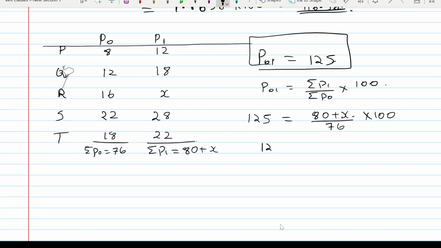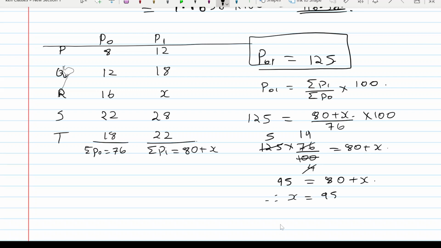So that's going to be 125 into 76 by 100, which is equal to 80 plus x. So 25 5s are 25 4s are, and this will be 4, and this will be 19. 19 into 5, 95. 95 is equal to 80 plus x, and therefore x is equal to 95 minus 80, which is 15.